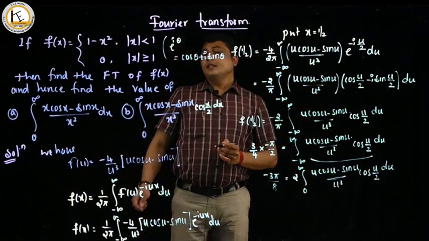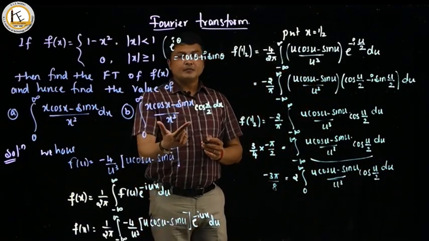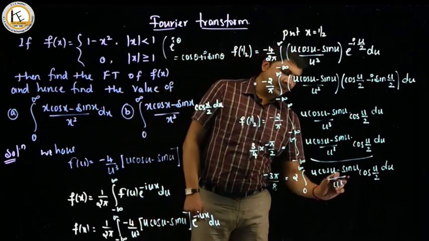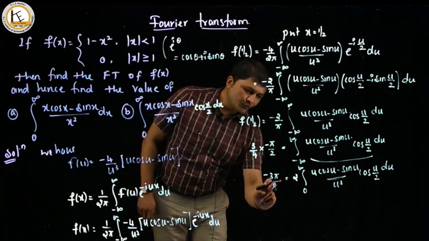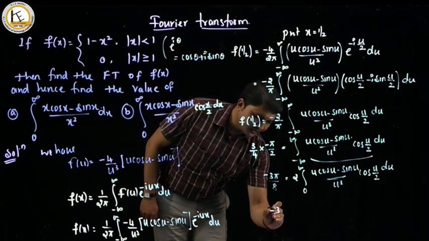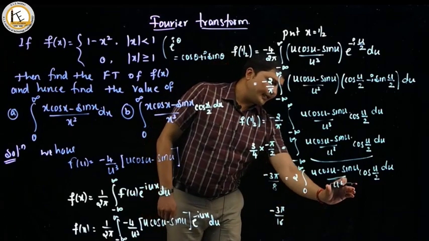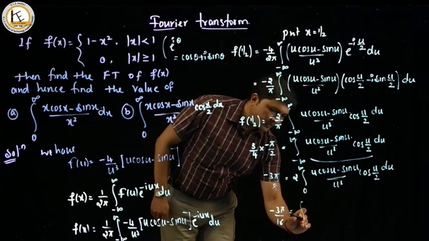And since our integral is in terms of x, replacing u as x here and taking this to the other side, we have the answer, that is 3 pi by 16.